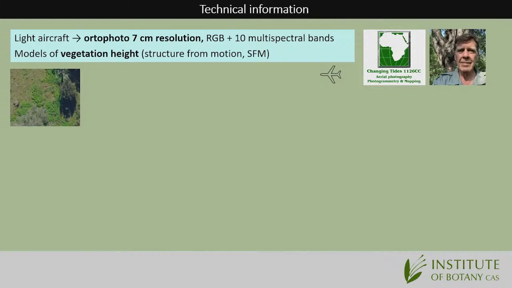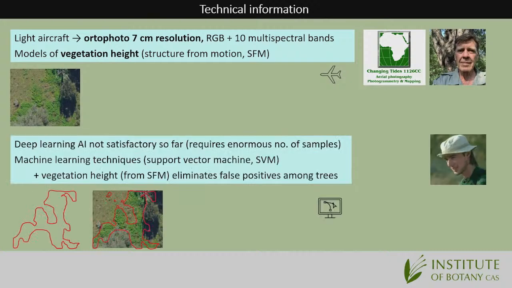A little bit of technical information. We acquire orthophotos at 7 centimeter resolution in 10 multispectral bands, and we use models of vegetation height to ease the identification. That's done by machine learning techniques, and the aim is to get the areas where the invasive populations occur.